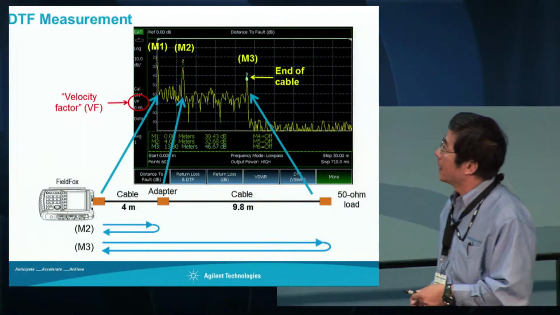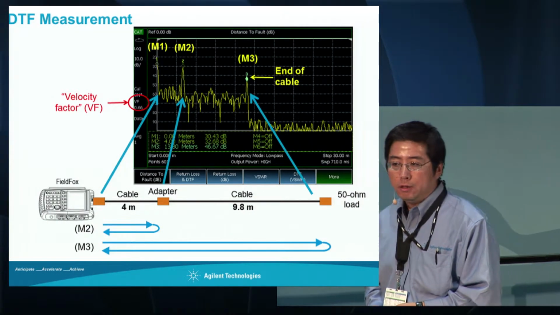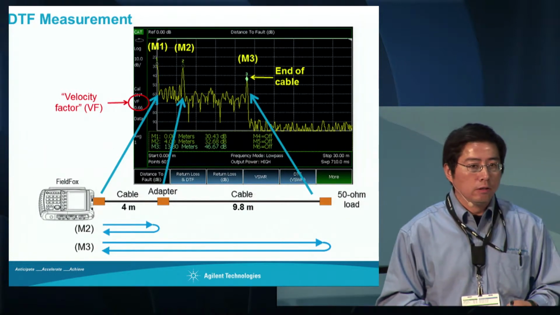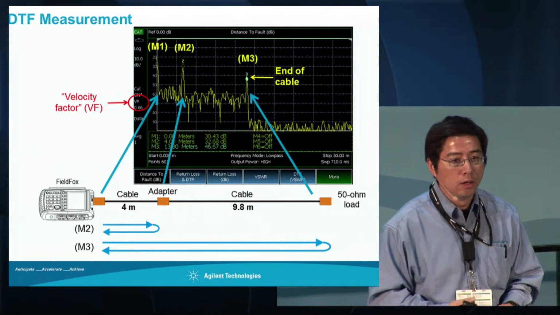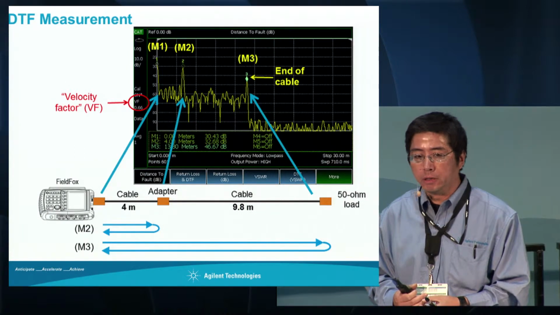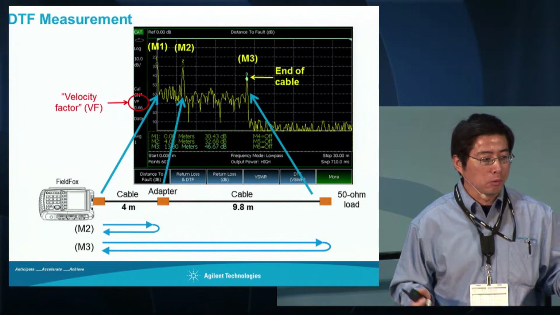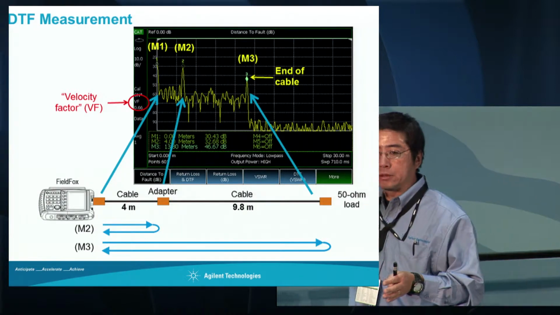So this is an example of a distance to fault measurement. Distance to fault is actually not a measurement, it's a mathematical conversion. That creates a lot of problems in the field. Since it's a mathematical conversion, we assume the signal is periodic, meaning it repeats itself.